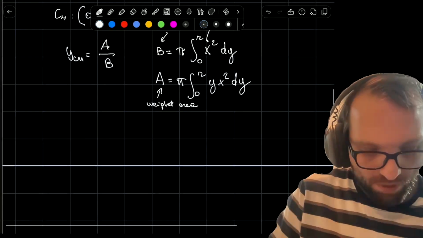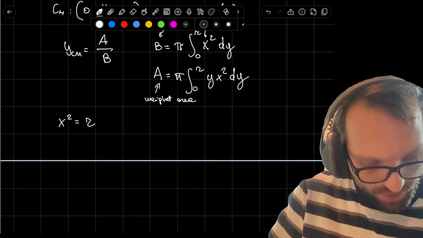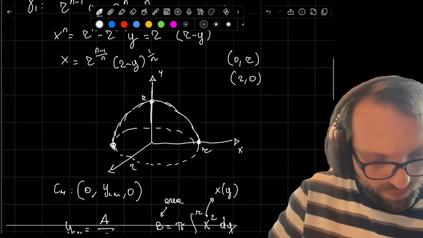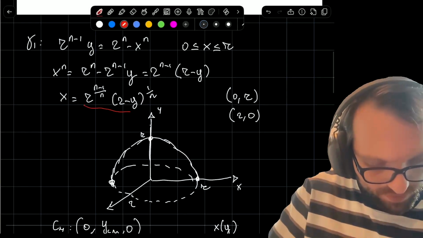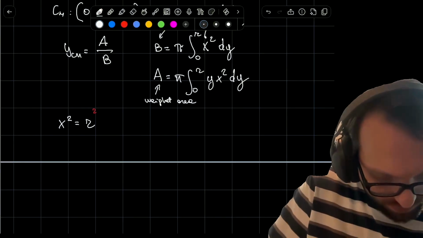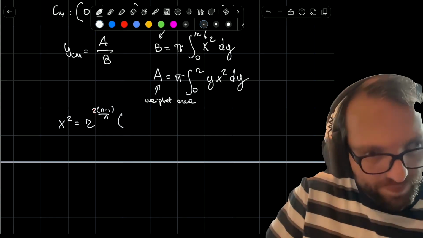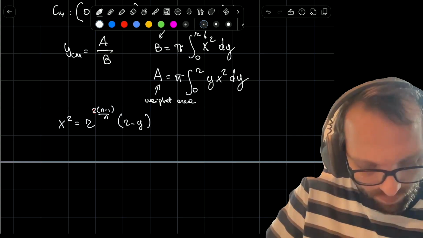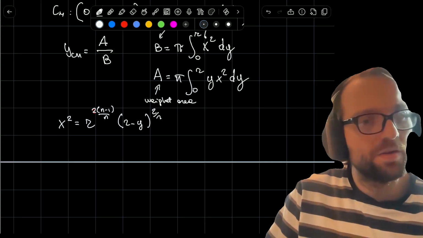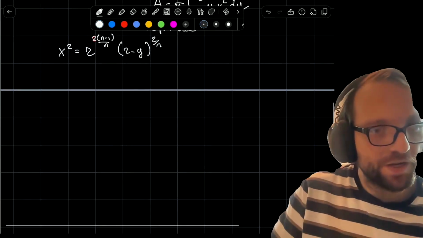Now what we need is x squared, so x squared is this expression squared. And now we can start integrating, finally.